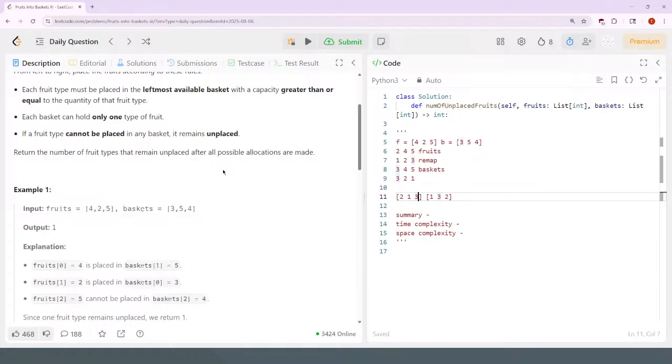So you start off with the biggest one. So you find where 3 is. And then you look at where the 2's are.